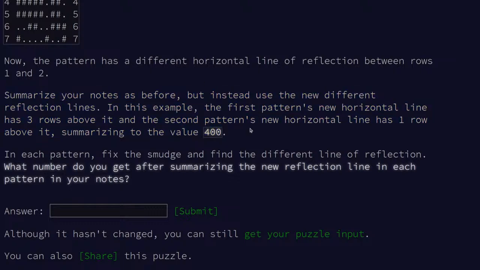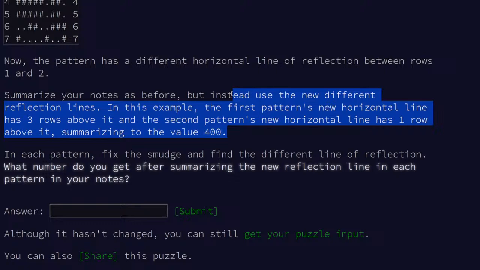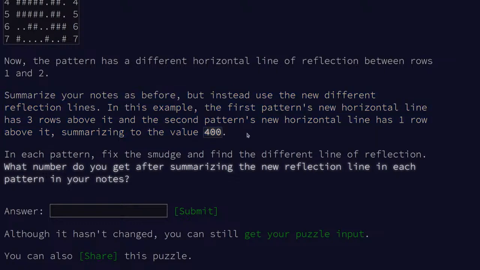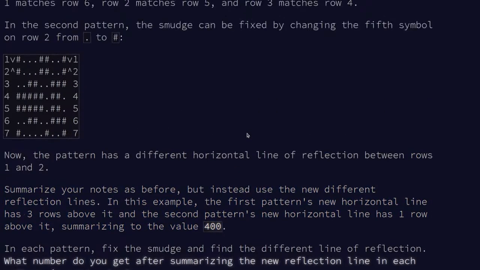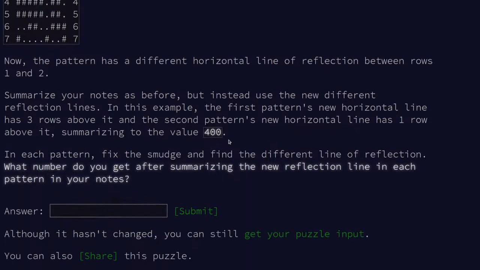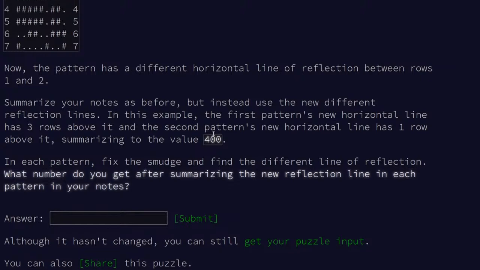Summarize the notes as above, but instead use the new different reflection lines. In this example, the first. Maybe there was no vertical line found. That's why it is zero contribution.